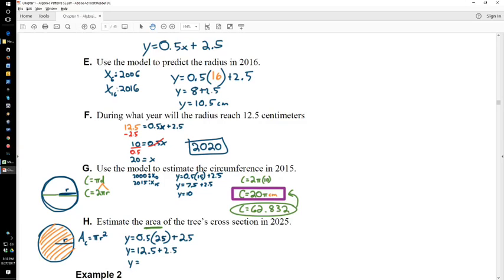So y equals 15. All right. Then the area of the circle equals pi times my radius squared. Well, 25 squared is 625, so that would be 625 pi. And we're just going to leave it in terms of pi, just like that. Okay? And there you go.